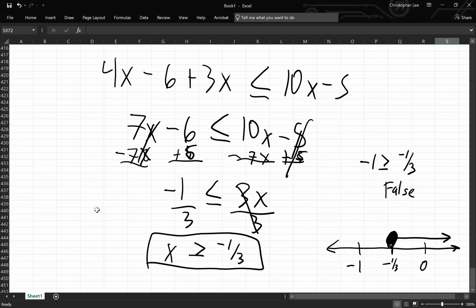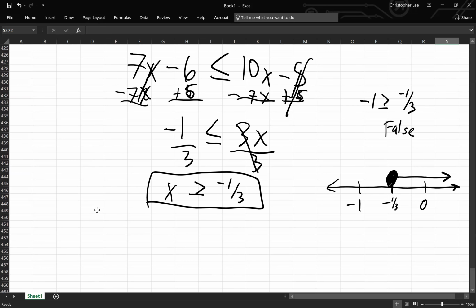X is not really an interval. It's a whole bunch of numbers. If there is an interval, it would be something like bracket -1/3 all the way to infinity. That would be the interval.